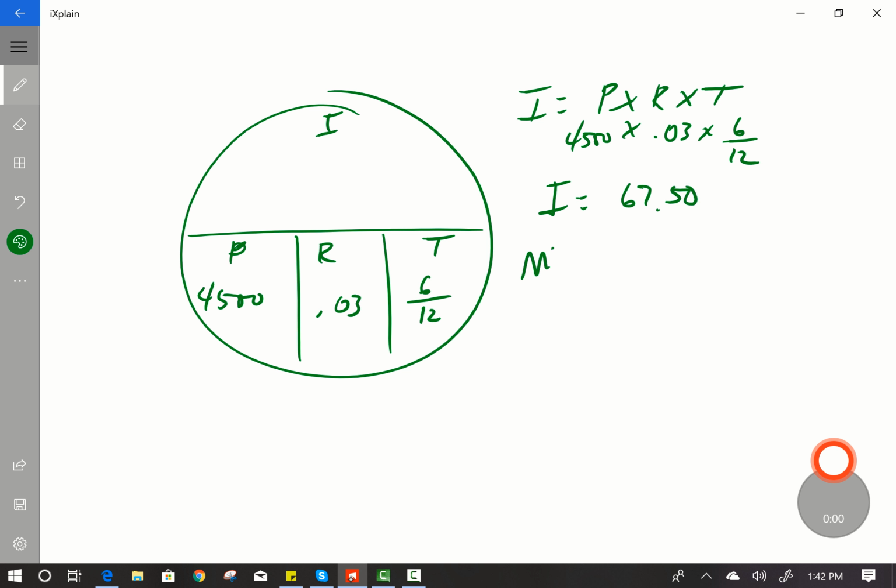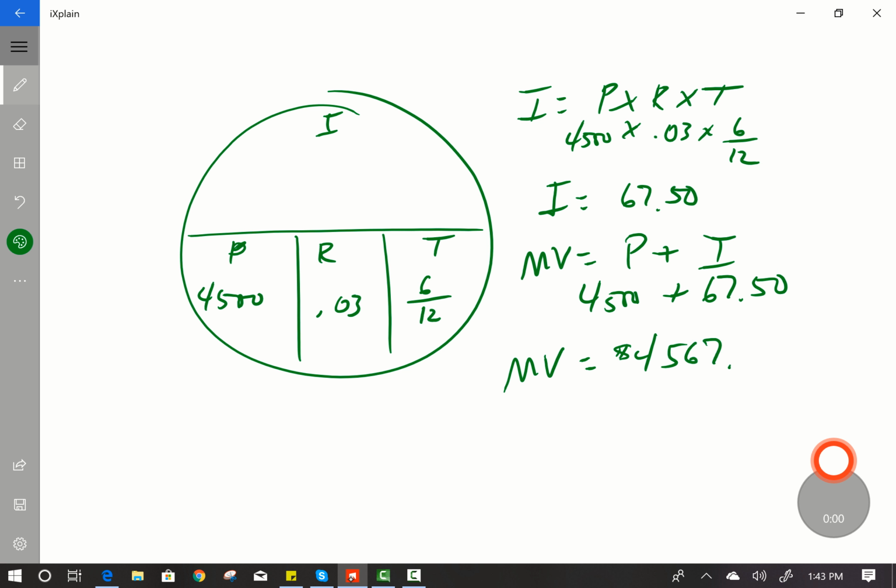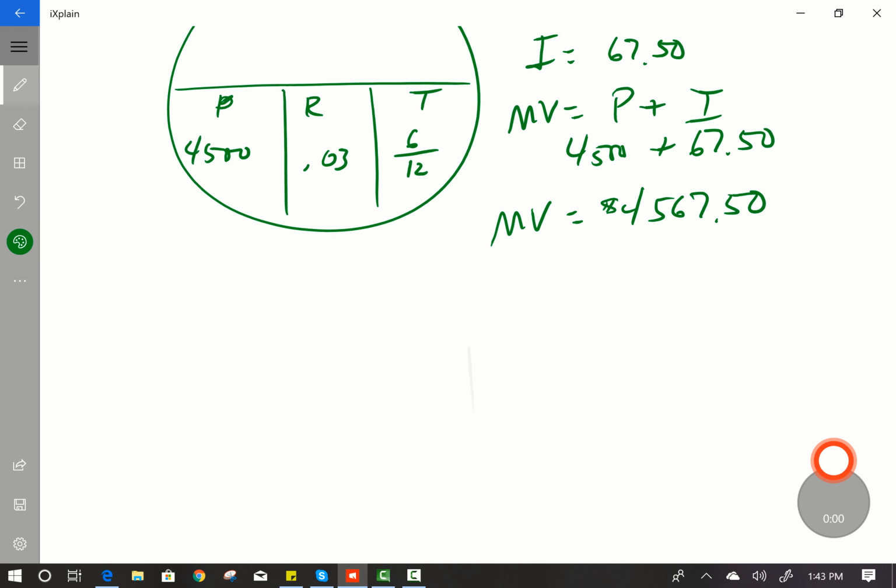And then the maturity value is your principal plus your interest of $4,500 plus the interest of $67.50. And that will give us the maturity value of $4,567.50. Okay, let's go ahead and take a look at number 3.